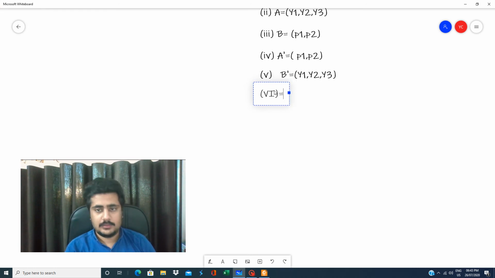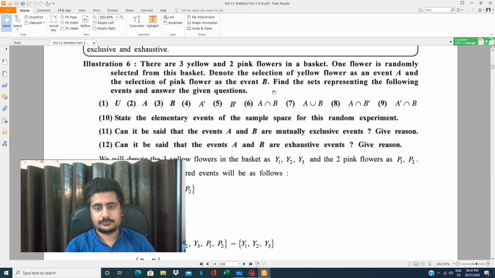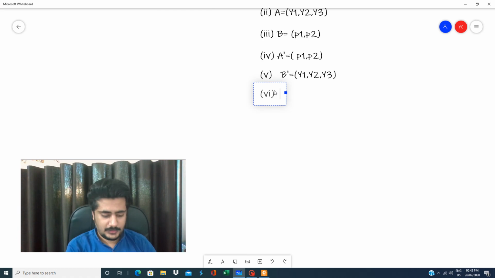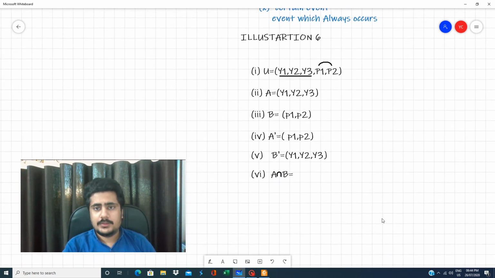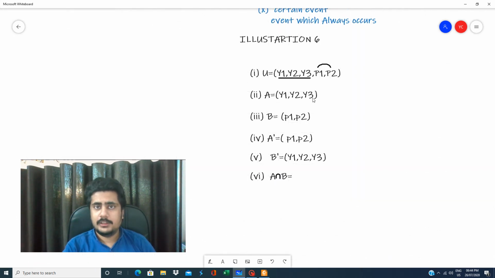Then sixth one, A intersection B. Now A intersection B. See, A is Y1, Y2, Y3.